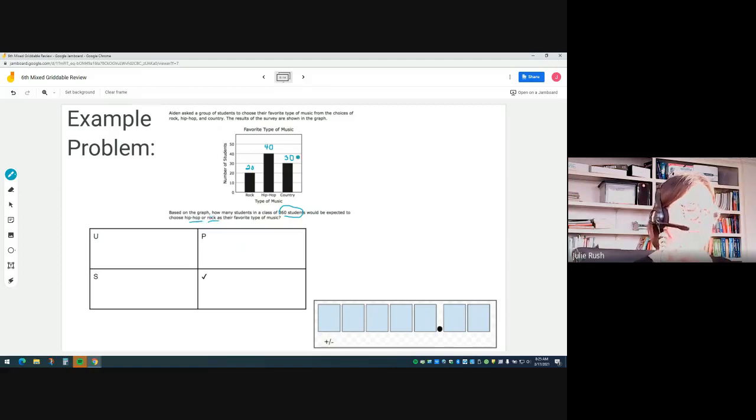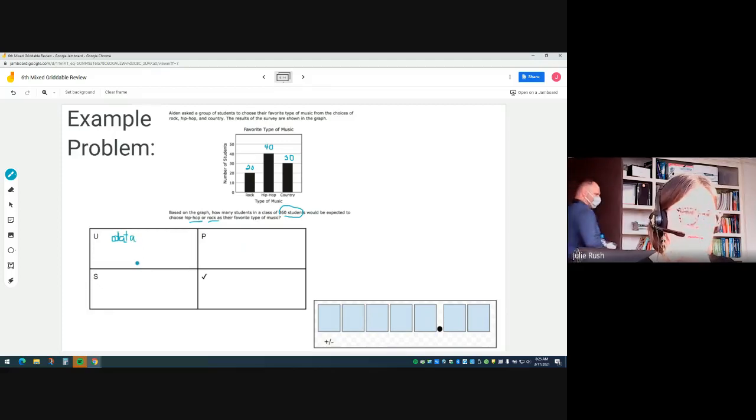Well, we need to know how many people liked either type of music out of the people we asked. And it didn't tell us how many total people we asked. So this is a kind of data problem, again, kind of like the range, except we are using information from a graph to solve a math problem.